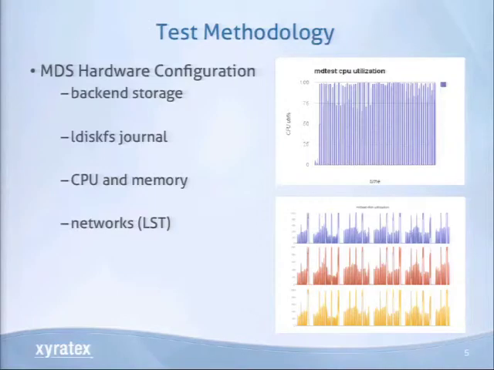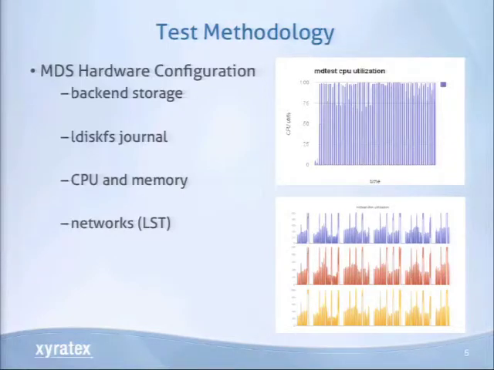And then the next factor is CPU and memory. The figure to the right shows the CPU utilization and the three disk utilizations, from the same MD test runs. The one below is the three disks.